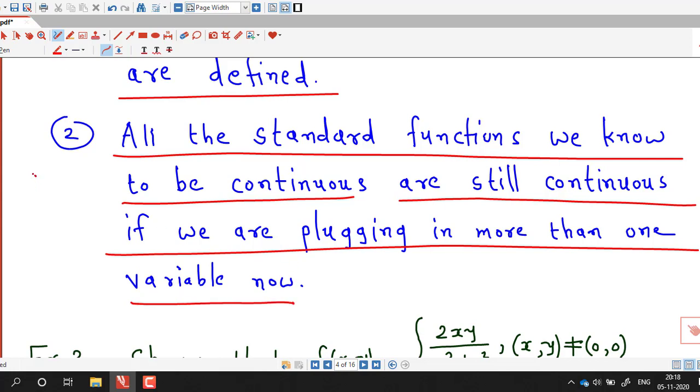That means if we extend our functions from one variable to two or more variables, that is functions of three variables, then whatever standard functions are continuous for one variable, they are also continuous for two as well as three, or for more than one variable. So that property can be extended to more than one variable also.